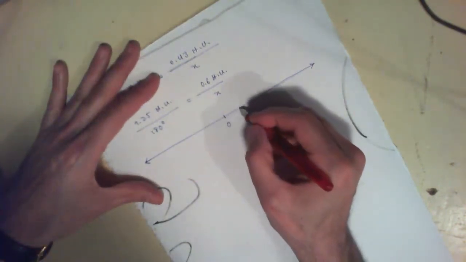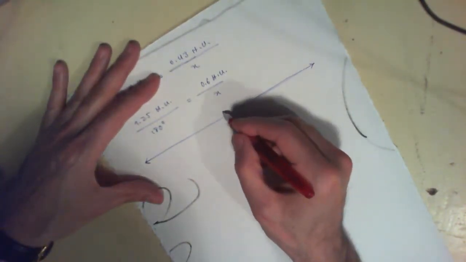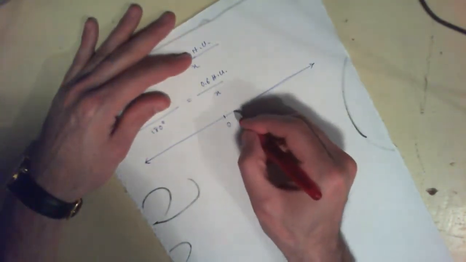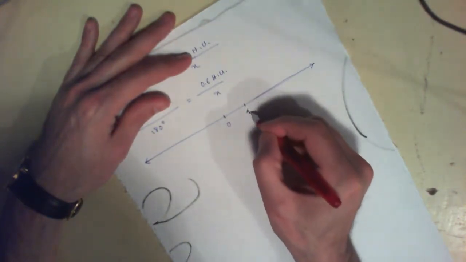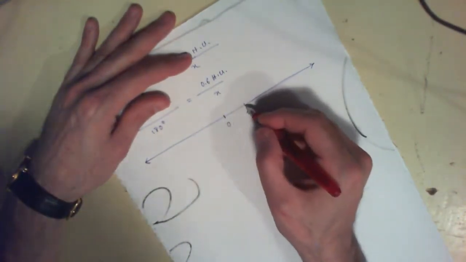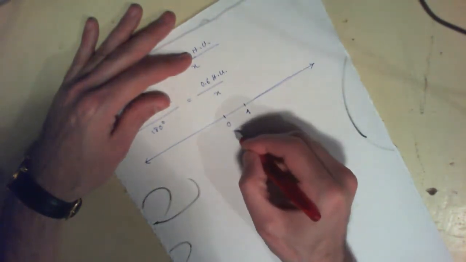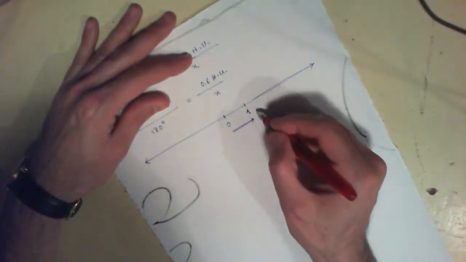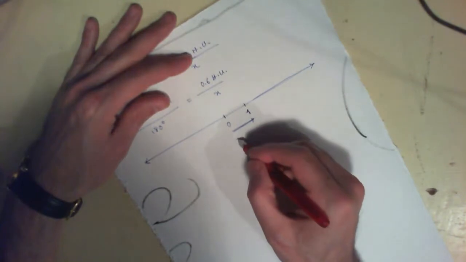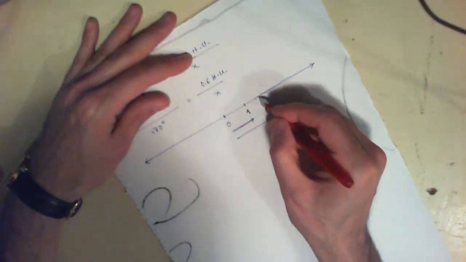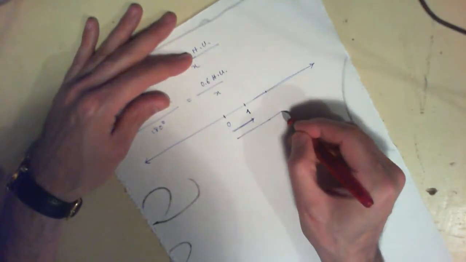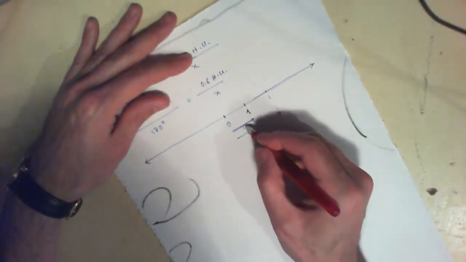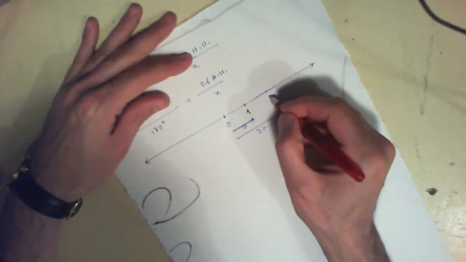Then you define some fixed distance on the number line. For example, you say that this distance is 1 unit. So if you move this distance on the number line, that's 1 unit. If you move twice this distance, if I call this A, 2A is going to be 2 units.